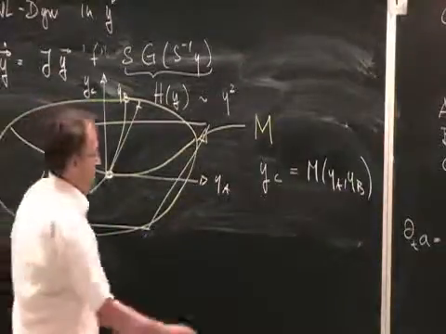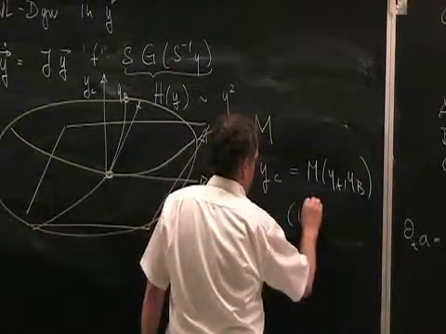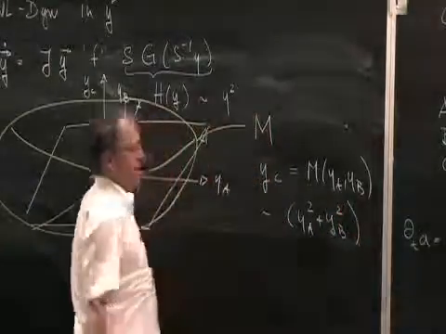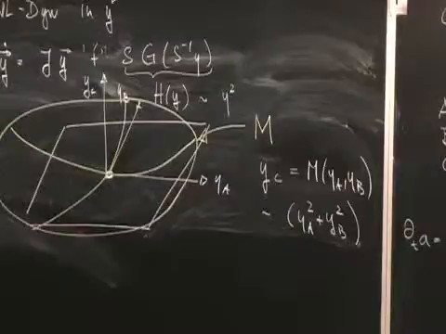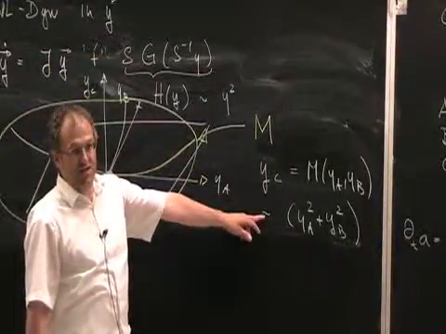It turns out that this here is just proportional, for symmetry reasons again, to YA plus YB squared, and tedious algebra tells you what the constant of proportionality is.